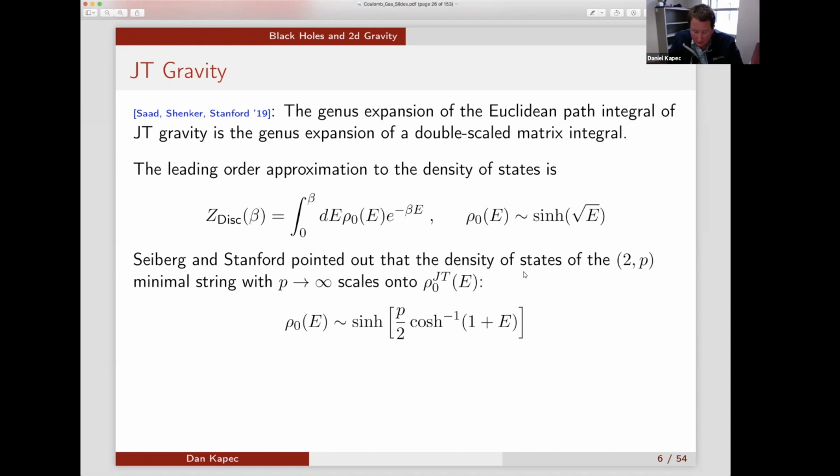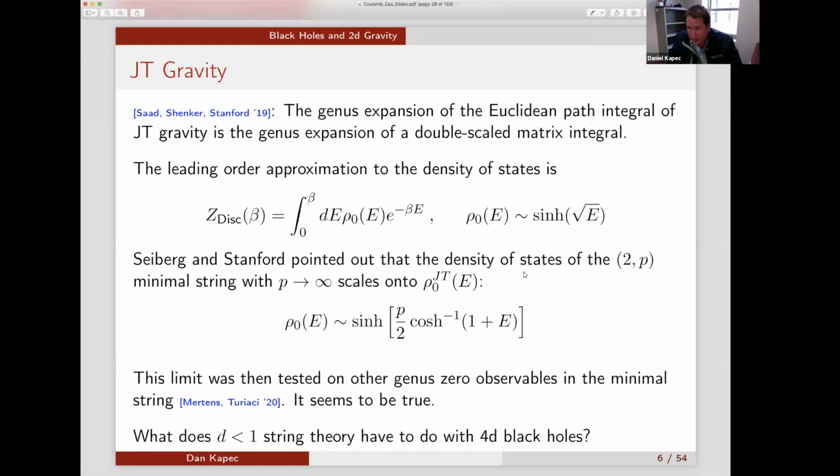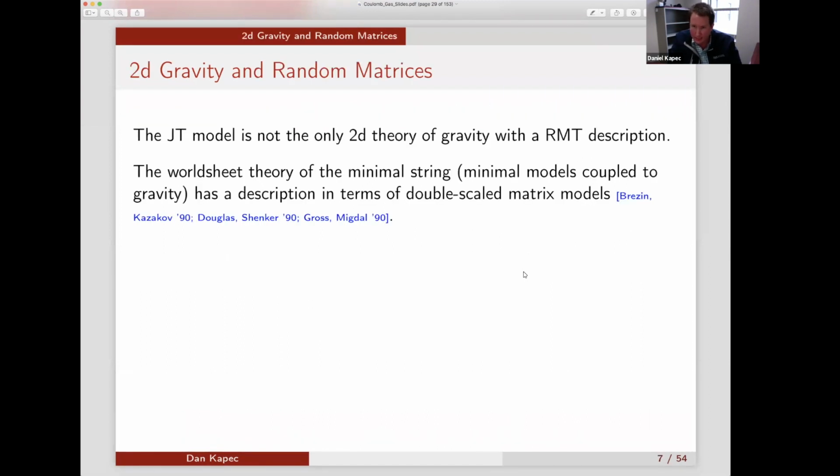So that's an interesting observation, and that limit was then tested on other genus zero observables in the minimal string by Mertens and Turiaci, and it seems to be true, at least at genus zero. So that raises the question, well, what does string theory in less than one dimension have to do with four-dimensional black hole physics?